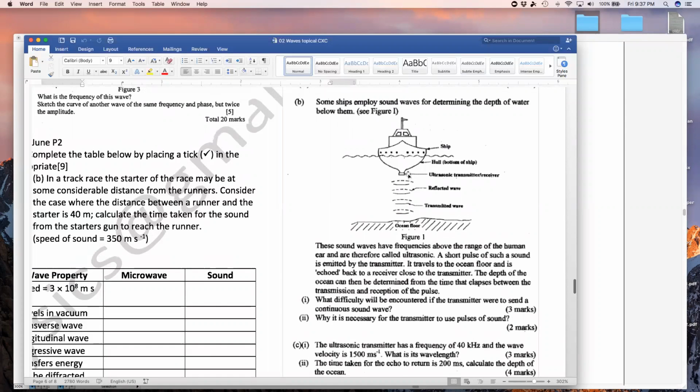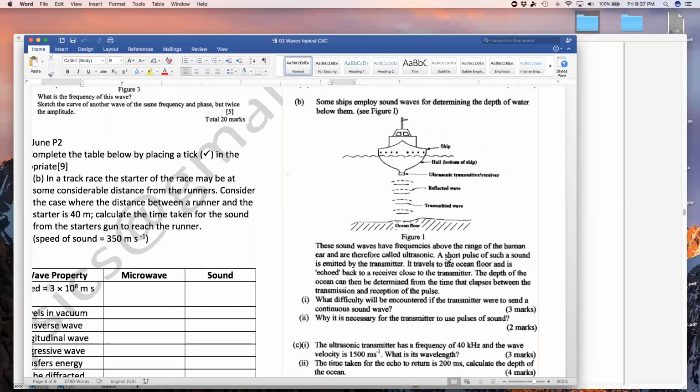So this ship is going to determine the depth of the water below them. These sound waves have frequency above the range of human hearing. And when we say above the range of human hearing, we know that the human ear is theoretically able to detect sound from 20 to 20,000 hertz. Remember this. So therefore, this wave must have a frequency of more than 20,000 hertz, and it's called ultrasonic.